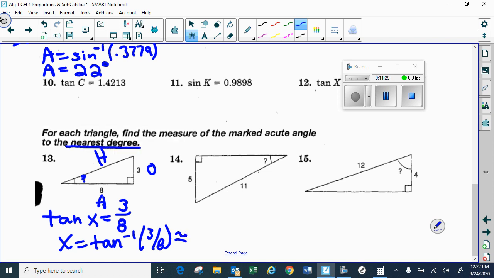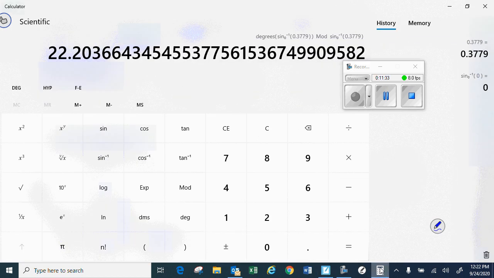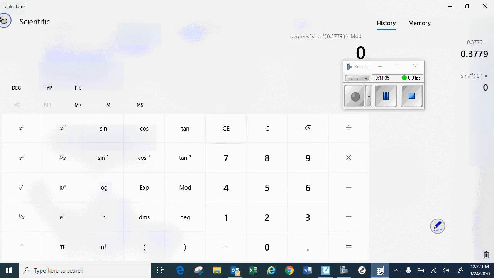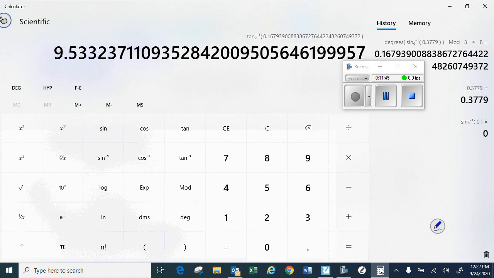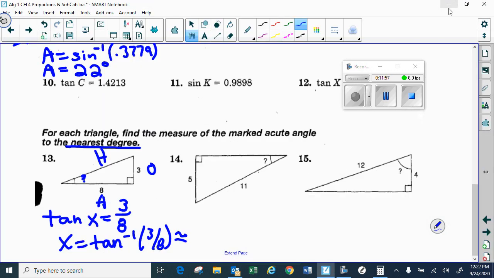So it's approximately. I'm going to bring up the calculator again. Okay, clear it. 3 divided by 8 equals that decimal. And then I hit inverse tangent. 9.5. So 9.5 degrees, which is going to round up to 10 degrees.